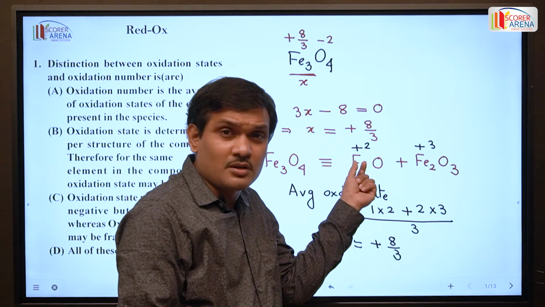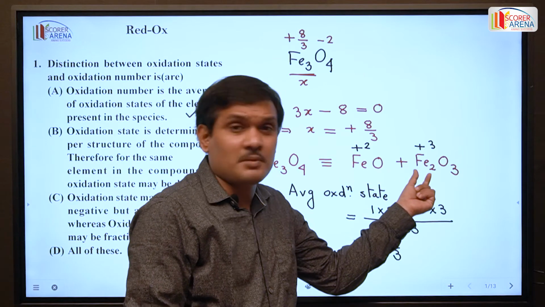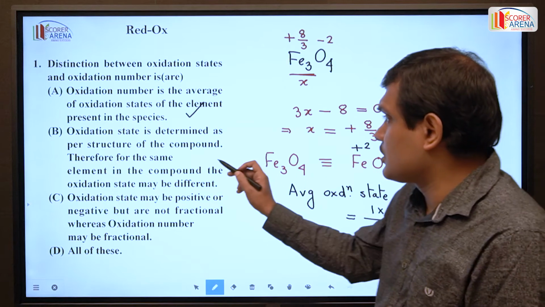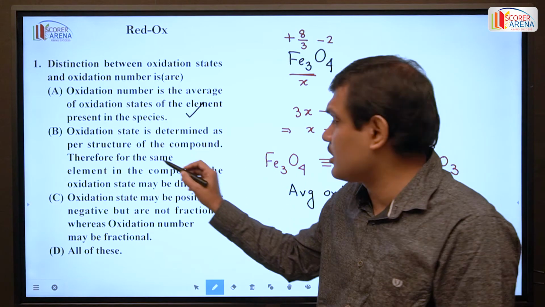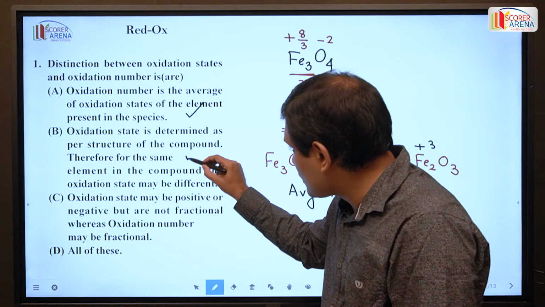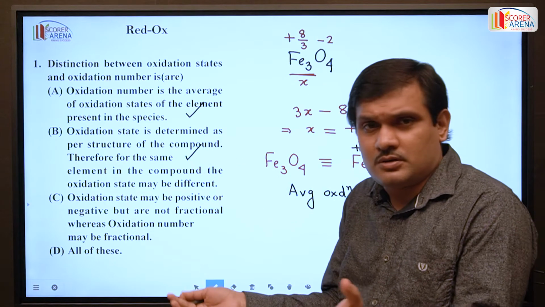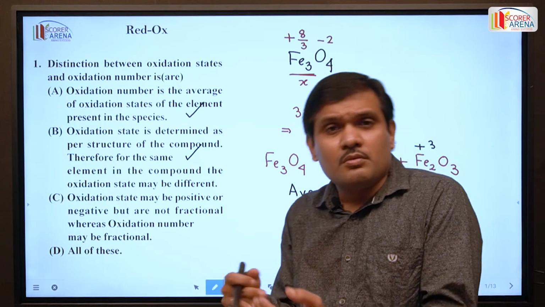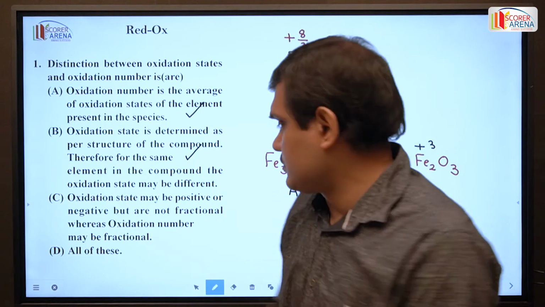Some irons are in plus 2 oxidation state, and some in plus 3. So definitely oxidation state depends on the structure. It may be different in different compounds.